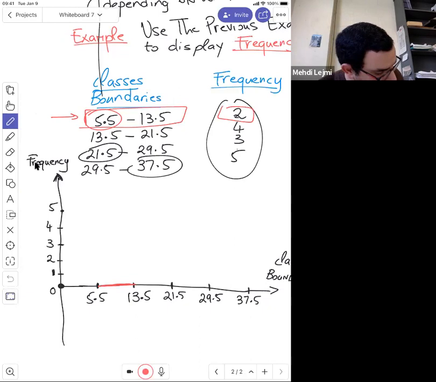This interval represents my first class, and the frequency of my first class is 2. So I'm going to go up to 2 here and draw a rectangle.